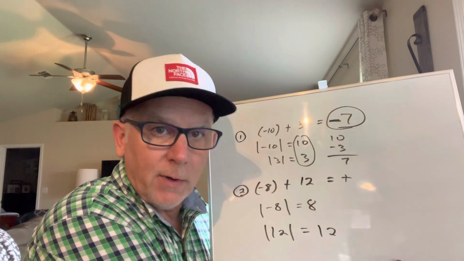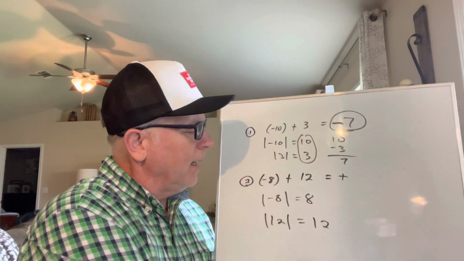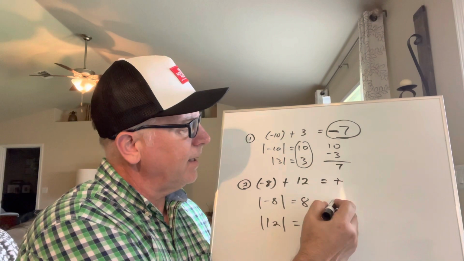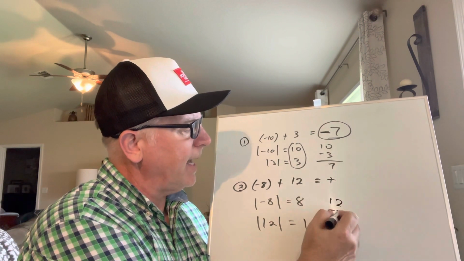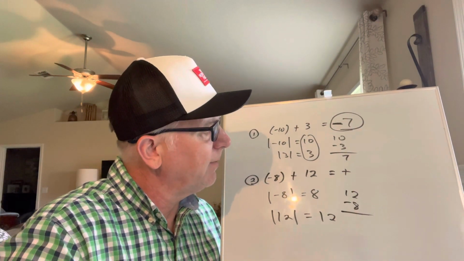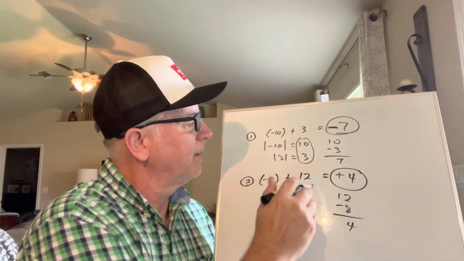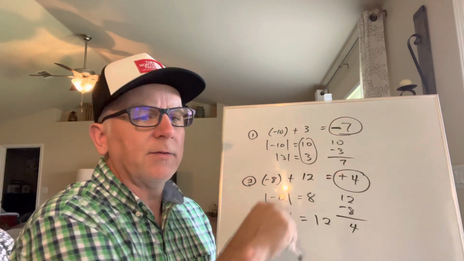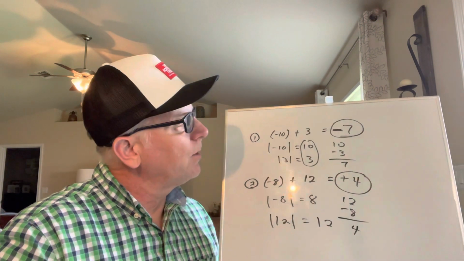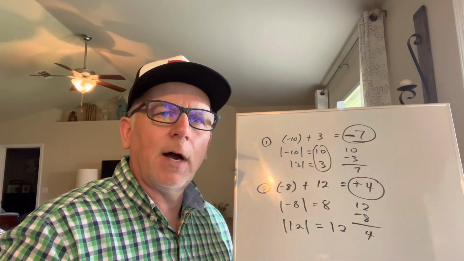And 12 is 12 spaces away from 0. So technically, that's how you do it. So next on the order here is to take 12 and subtract 8, because you always just do the larger one minus the smallest one. So 12 minus 8 is 4. And so this answer is going to be positive 4. Negative 8 plus 12 is positive 4. So this is how you add integers when the signs are different.